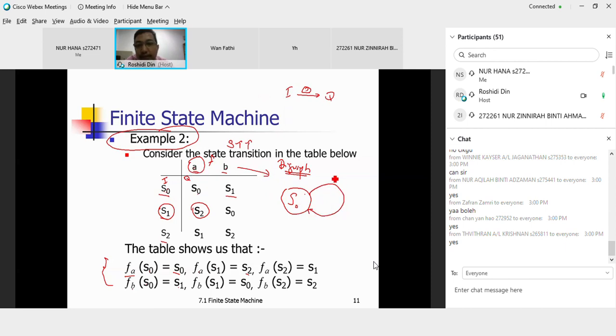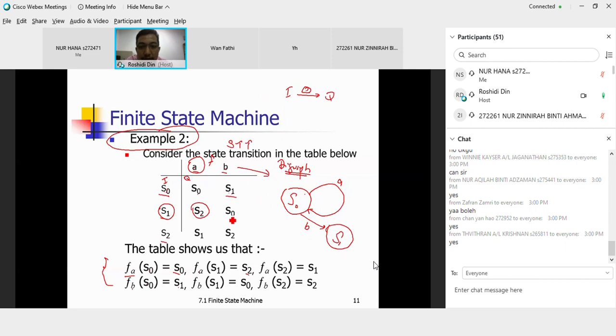Then S0 map to S1, and the answer is B. Here we put B.